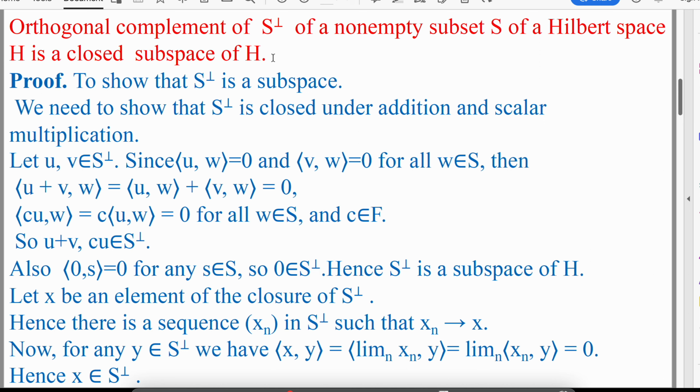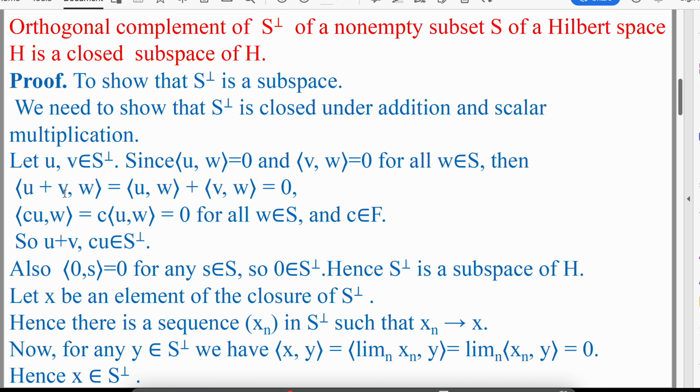So to prove that it is a subspace, we will show that it is closed under the addition and scalar multiplication. Suppose u and v belong to orthogonal complement of S. So by definition, inner product of u with w equal to 0 and inner product of v with w equal to 0 for all the points w of the set S. This is by definition of orthogonal complement of S. Now what is inner product of u plus v with w?